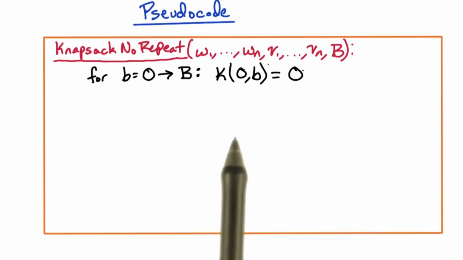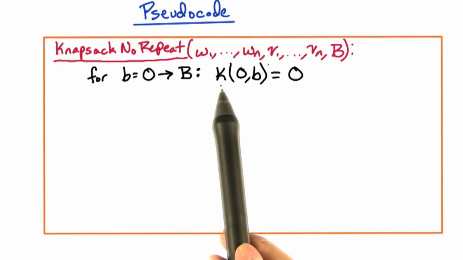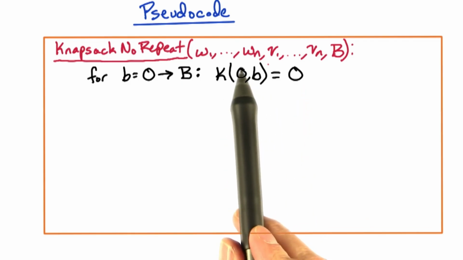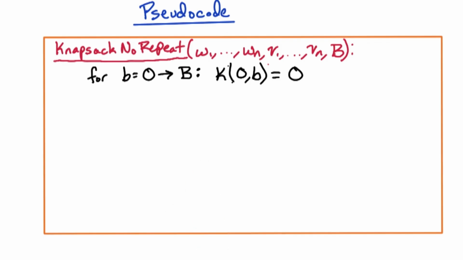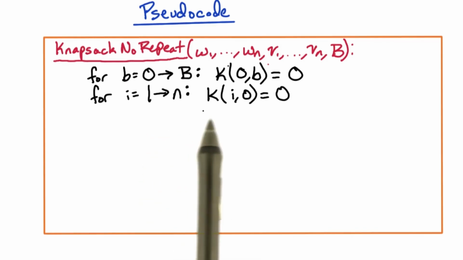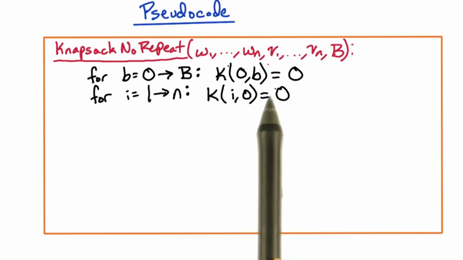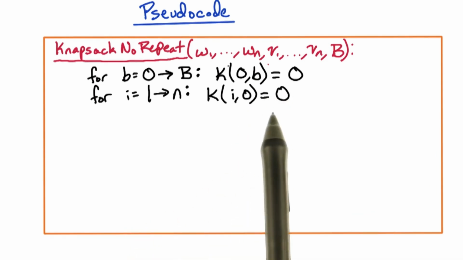For the first row of the table, as we mentioned before, the entries are all going to be 0 because we have a subset of the empty set. For the first column of the table, we have total capacity 0 available. So once again, the max value is 0.